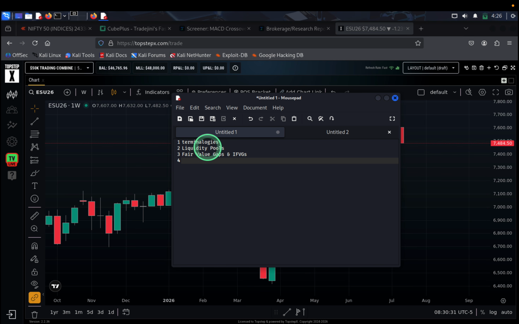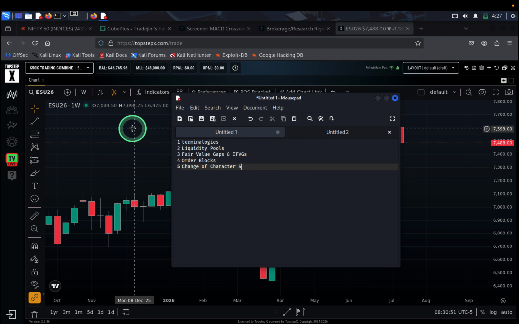These were the two basic things. Then he conceptualized order blocks. Another thing that comes is change of character and break of structure. There are many factors other than these as well, but for this video, we'll focus on these five.